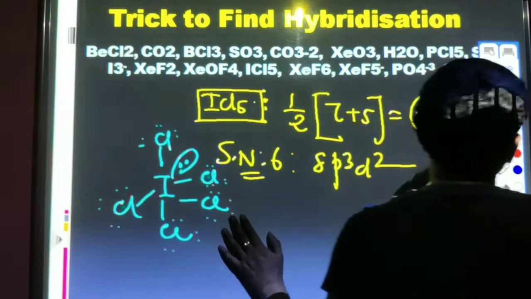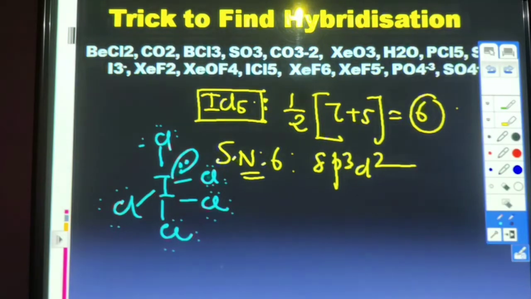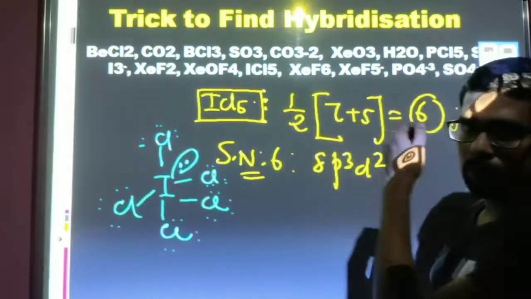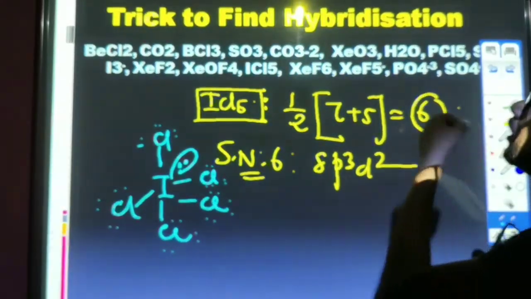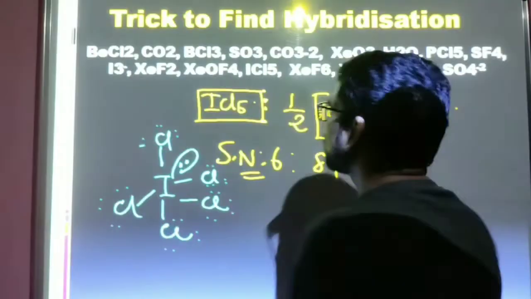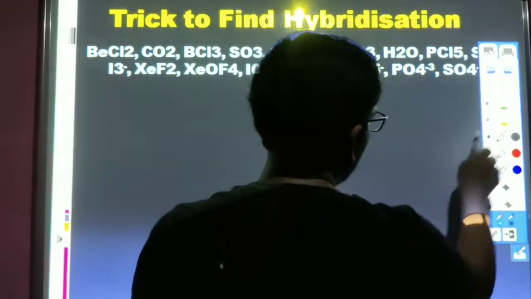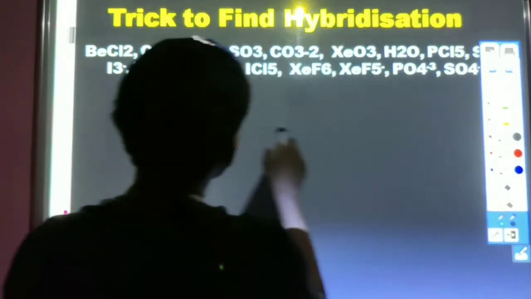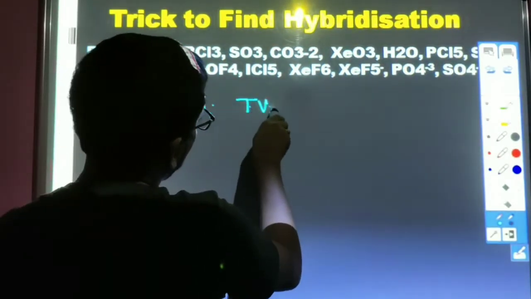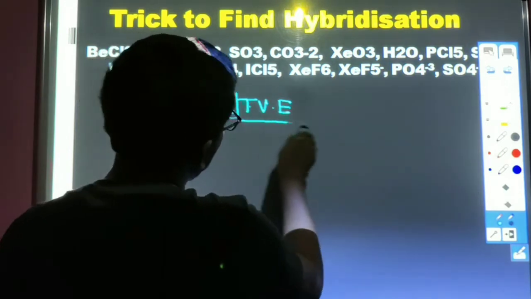Okay, so these are the methods to do the hybridization of the central atom in any molecule. We basically follow 3 methods. One, from the total valence electron we can calculate the hybridization.